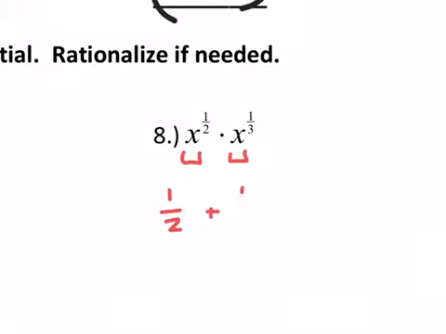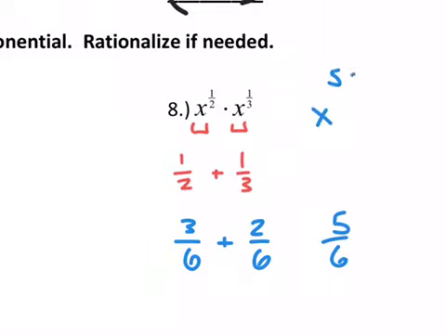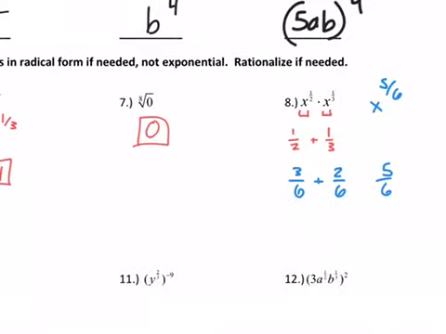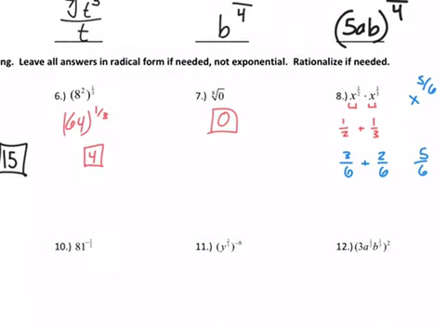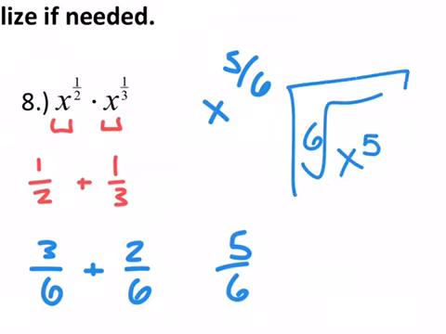So we've got 1/2 plus 1/3. Getting them common denominators of 6. We've got 3/6 plus 2/6 here. Add those up together, we get 5/6. So this would be x to the 5/6 power. But it says leave all answers in radical form. So this would be the 6th root of x to the 5th.